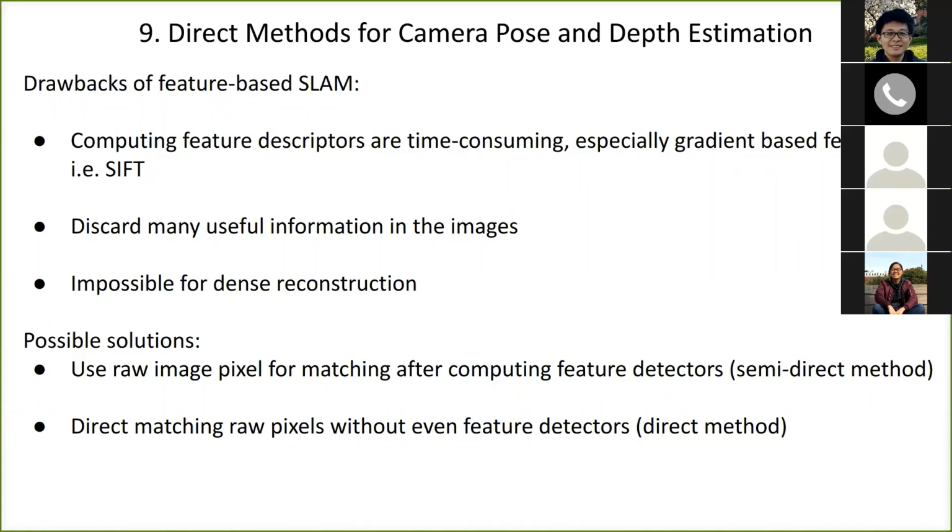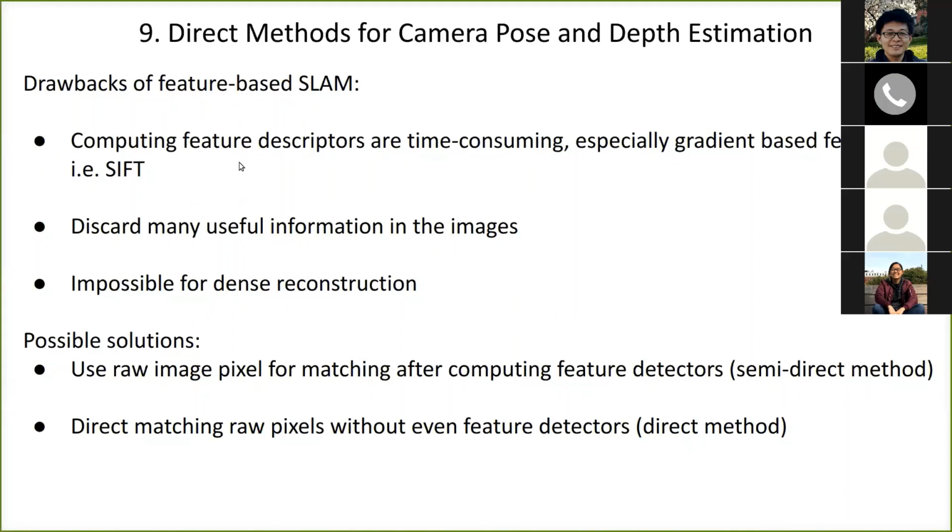Okay. Later on, we'll talk about how we can compute the camera pose or the depth without even knowing the correspondence. Okay, this is called direct methods. There might be some drawbacks of feature-based algorithms, that is, feature-based SLAM and visual odometry algorithms, which compute feature descriptors that are time-consuming, especially the gradient-based features such as SIFT.